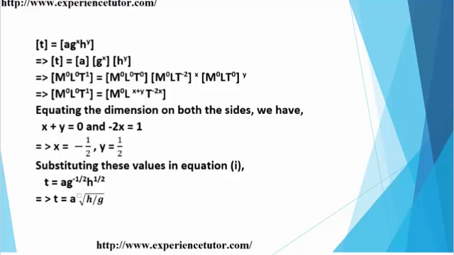If the above relation is correct, then terms on both sides should have the same dimension. That is, t is equal to a g^x h^y. We can put the formula for dimension for t, a, g and h.